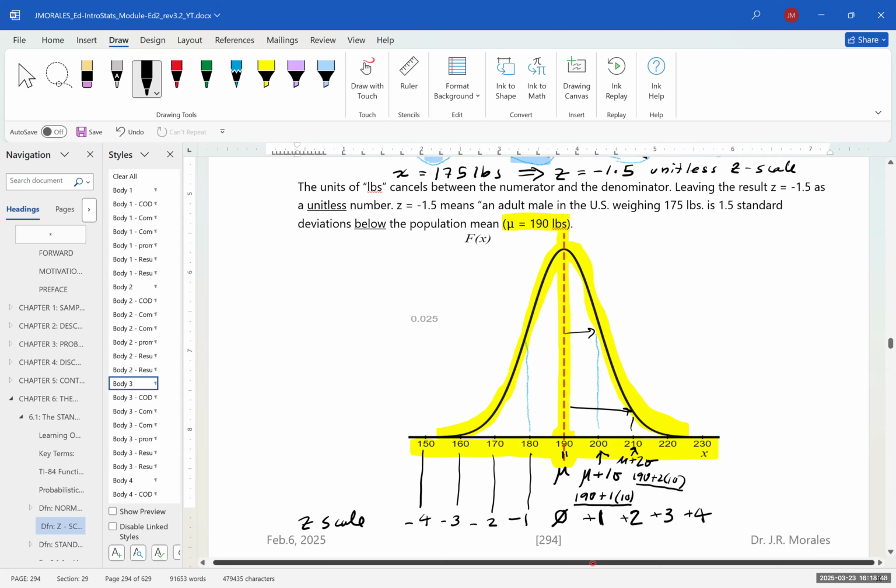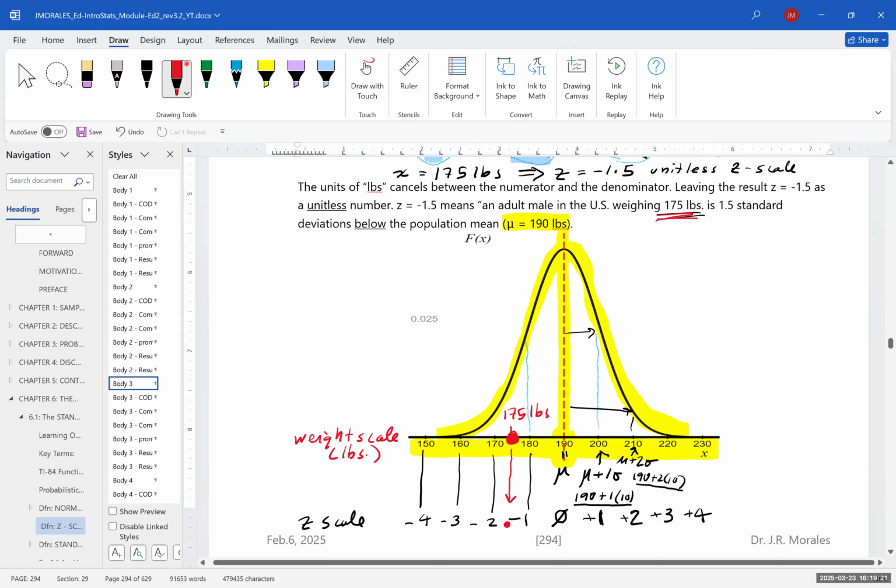So notice that we were given a value of x equal to 175 pounds. So where is 175 pounds on our weight scale? Well, 175 pounds would have been right here. This is 175 pounds. Well, when we converted that to a z-score, what did we get?